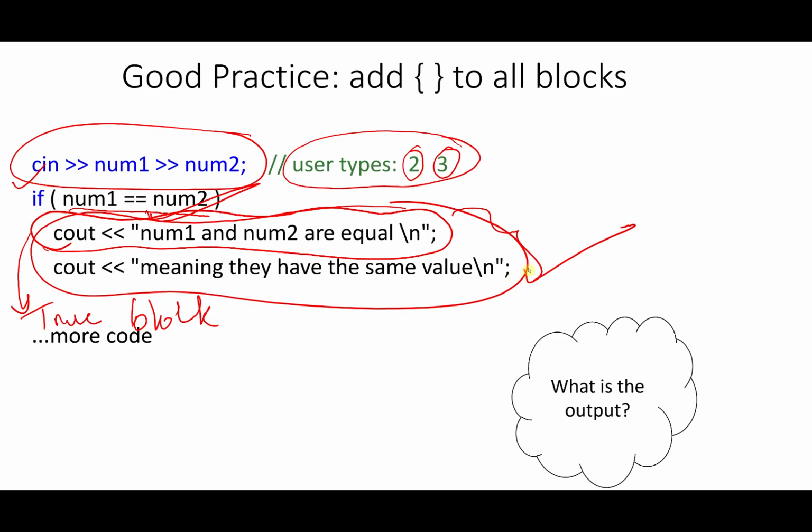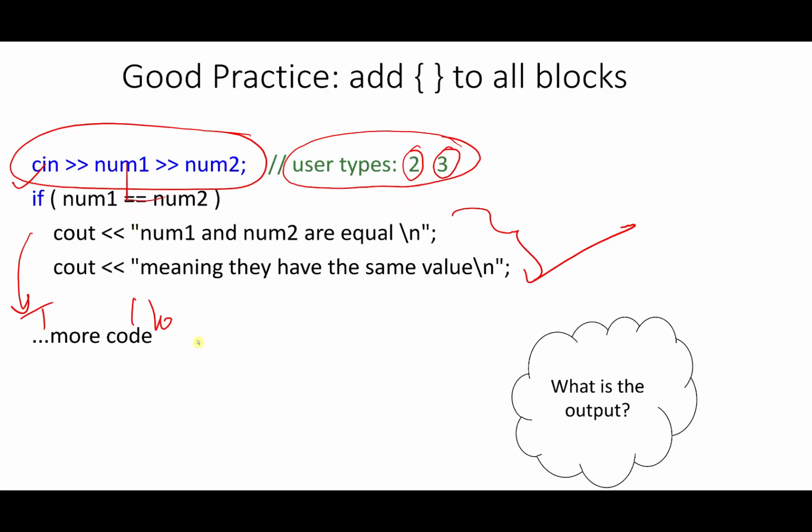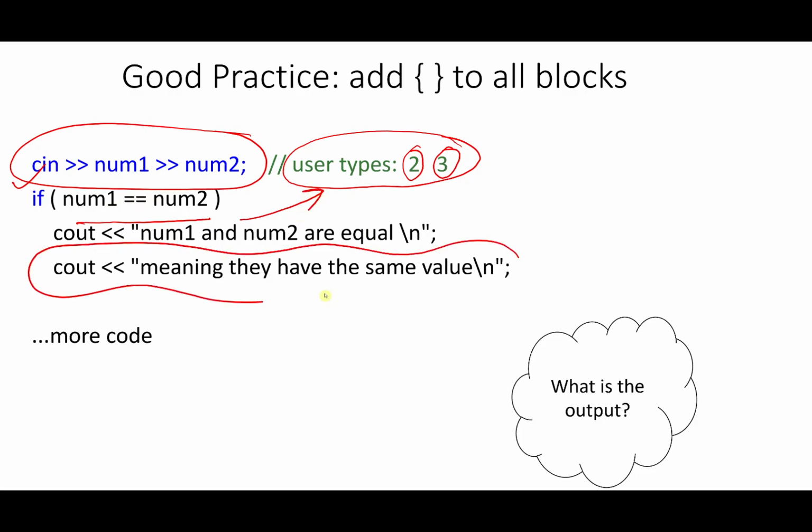So it's going to be executed anyway, whether this is true or false. So if this is evaluated to false because of this, then this is the output. If those are 3 and 3, then both are going to be executed, because this again is going to be executed anyway.